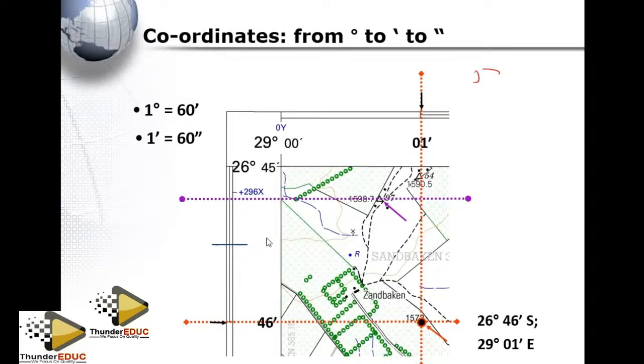Therefore, from here, it cuts half. Therefore, 30 here, 30 here to make it 60. But half of 30 is what? 15. Therefore, if this is 45 minutes, 0 seconds, 15 seconds, 30 seconds, 45 seconds, and then 46 minutes, you can see that, learners.